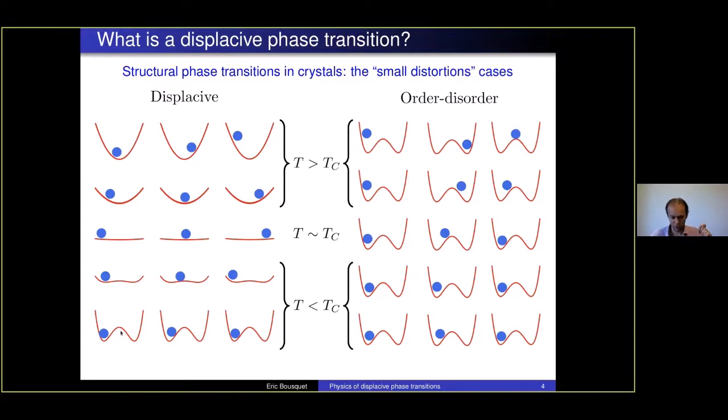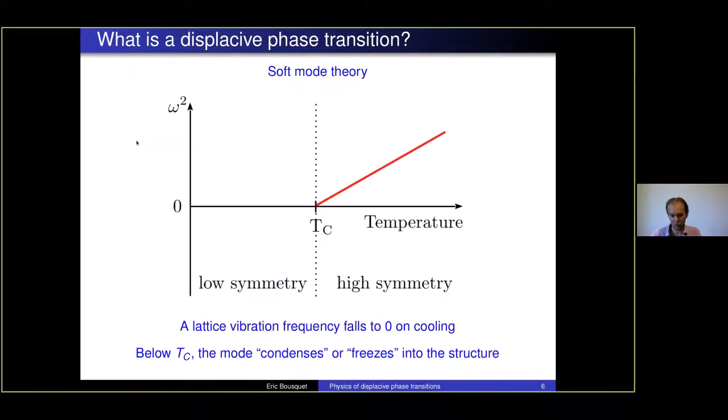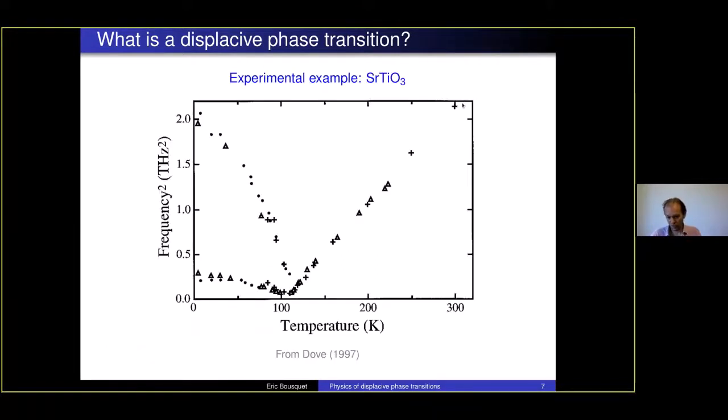The oscillation in one of the two minima of the double well is going to be different from the initial well. This is what you observe here: a phonon frequency going down to 0, and then splitting into two or more new phonon frequencies, because the atoms fill a new energy landscape, new energy wells.